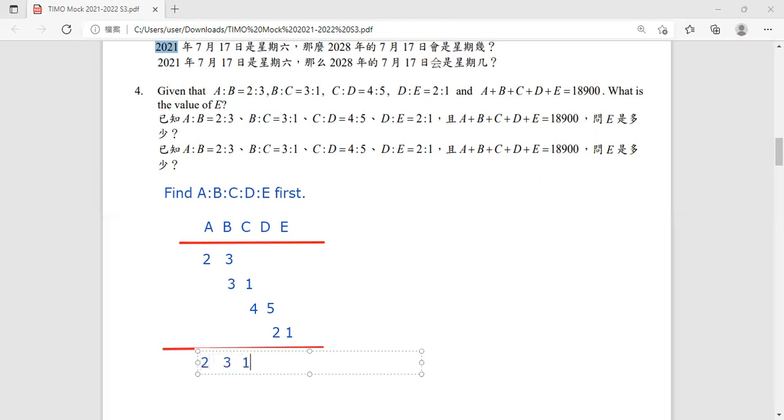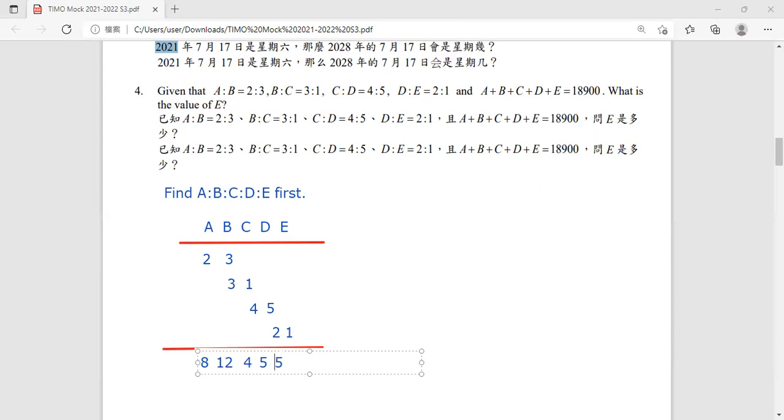First, A to B to C will be 2 to 3 to 1, but I have to multiply it by 4 because C to D is 1 to 4. This is 5 and this is 4. Now it's 12 and this is 8. Finally I have to multiply it by 2.